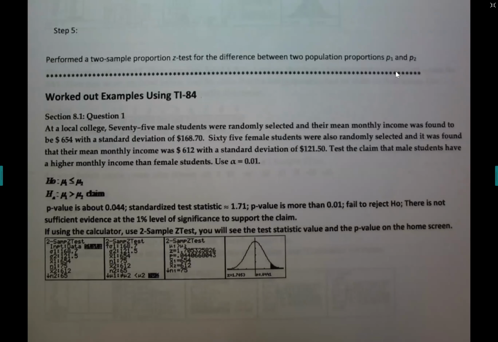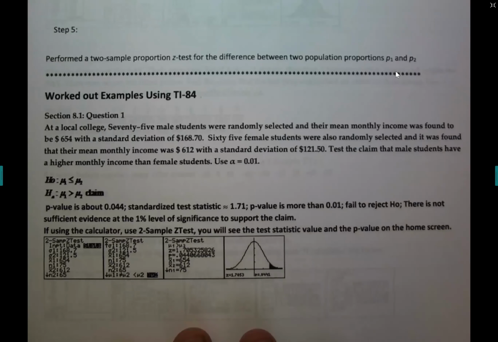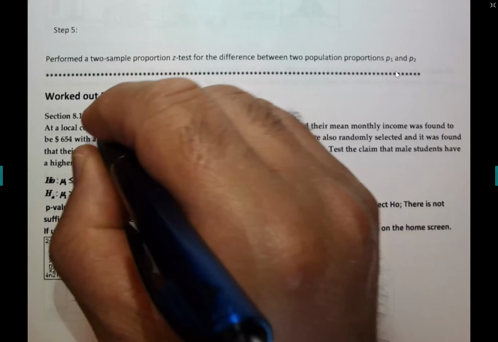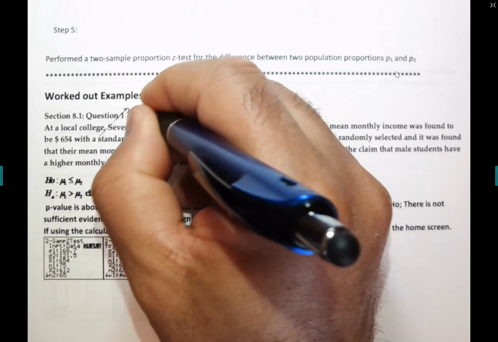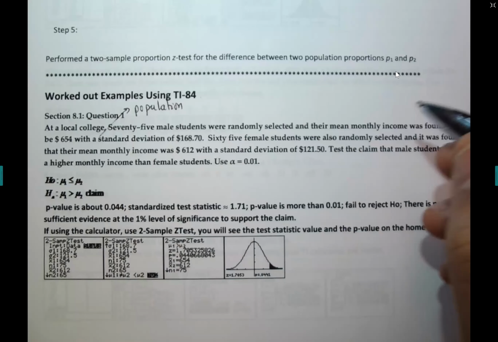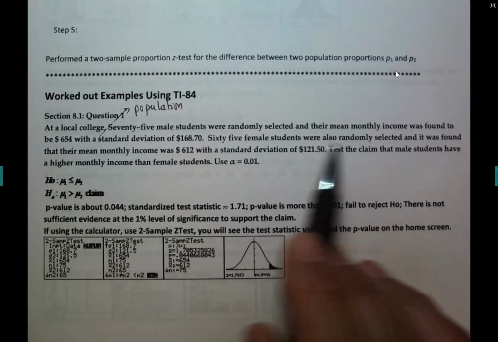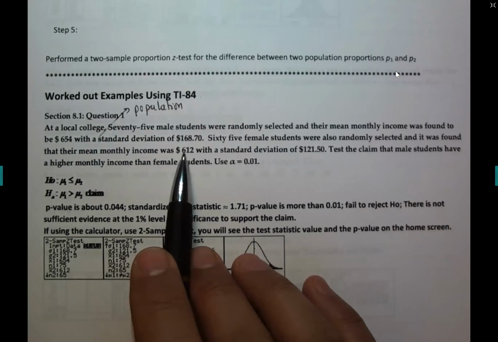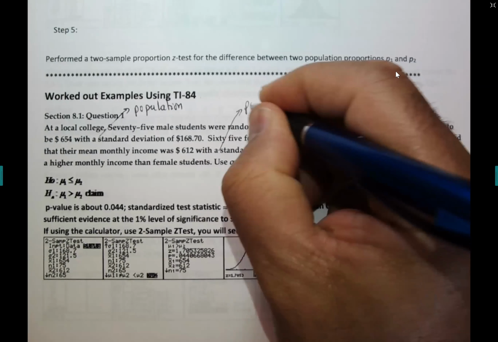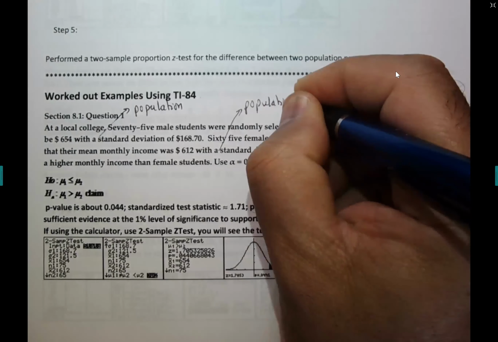So at the local college, 75 male students were randomly selected, and their mean monthly income was found to be $654 with a population standard deviation of 168.70. 65 female students were also randomly selected, and it was found that their mean monthly income was $612 with a population standard deviation of 121.50.